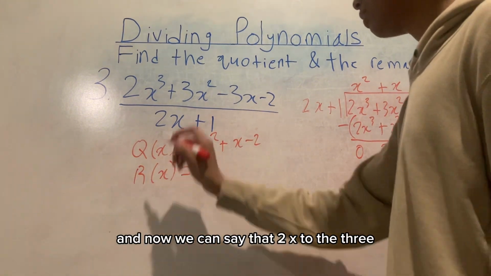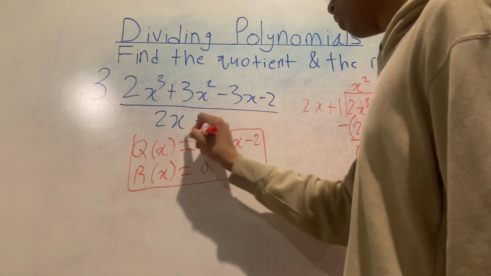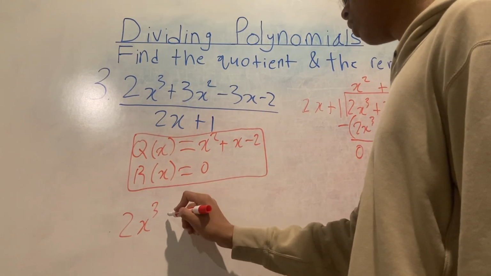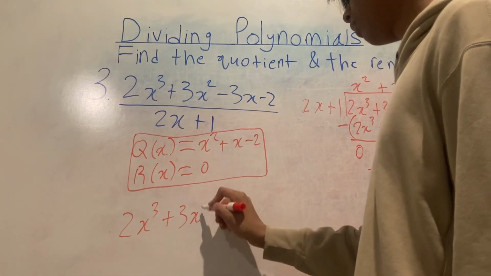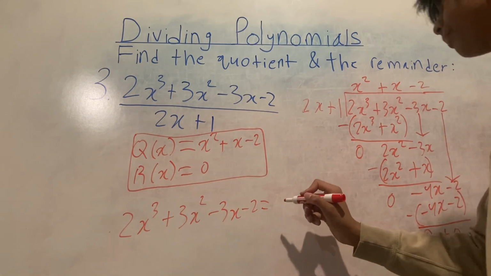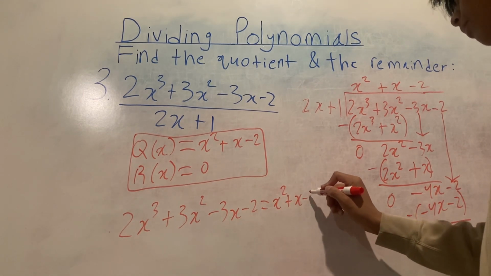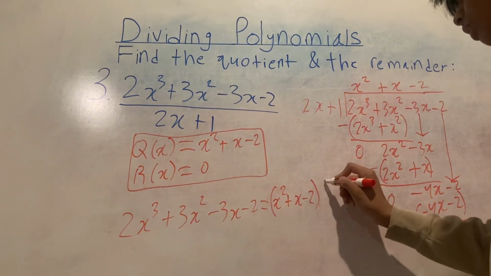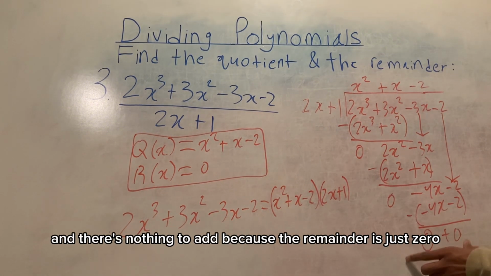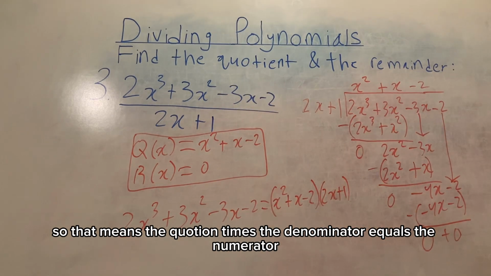And now we can say that 2x to the 3 plus 3x squared minus 3x minus 2 equals x squared plus x minus 2 times 2x plus 1. And there's nothing to add because the remainder is just 0. So that means the quotient times the denominator equals the numerator.